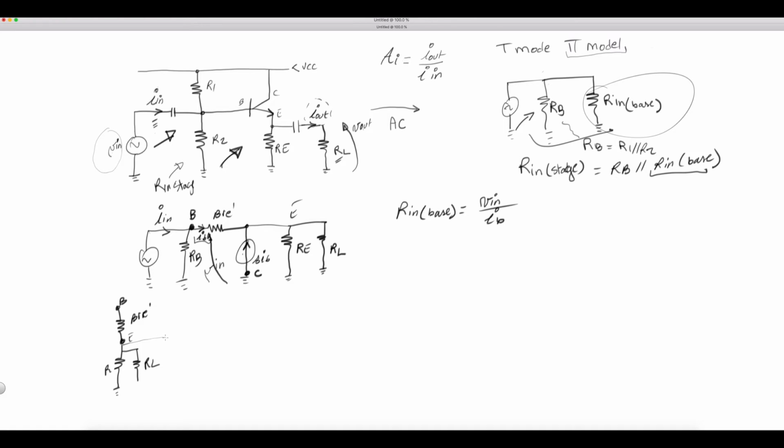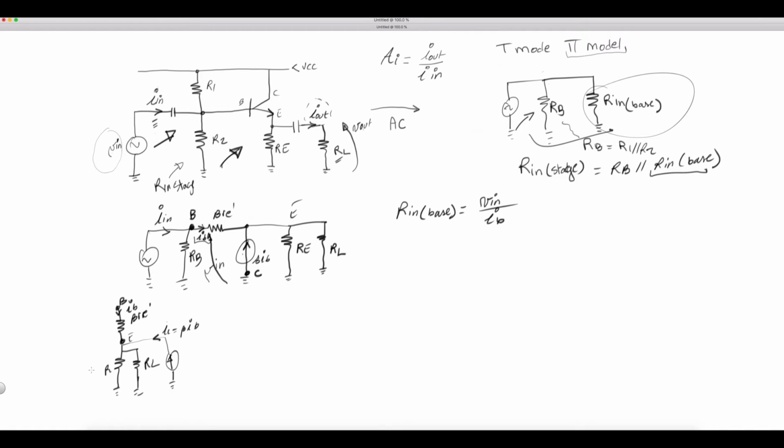And somewhere in there, we're feeding all of this with a current generator to ground here, and this current here, IC equal beta IB, is important. And then we have an IB here.